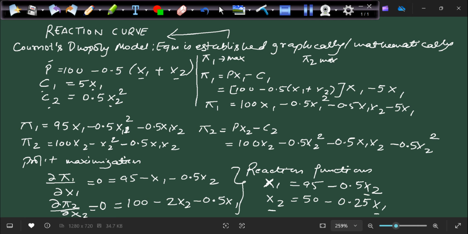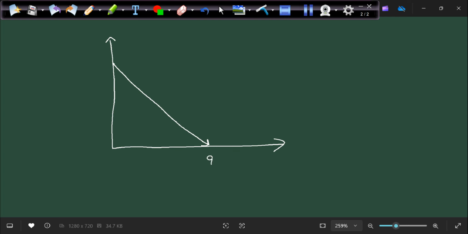If you plot it graphically, you will get a graph like this. This is A's reaction function. The equation that we just derived, you simply have to plot it.